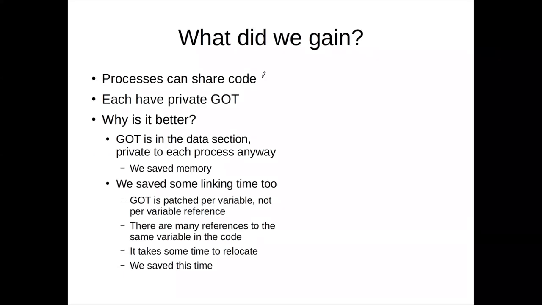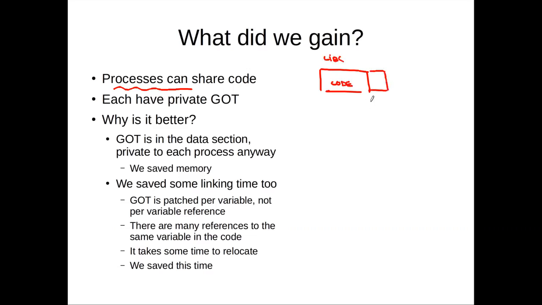The biggest advantage of position-independent code is for libraries, like the code of libc. There's a GOT here, which is part of the data section, and there's a PLT here, the procedure linkage table, which is part of the text section.